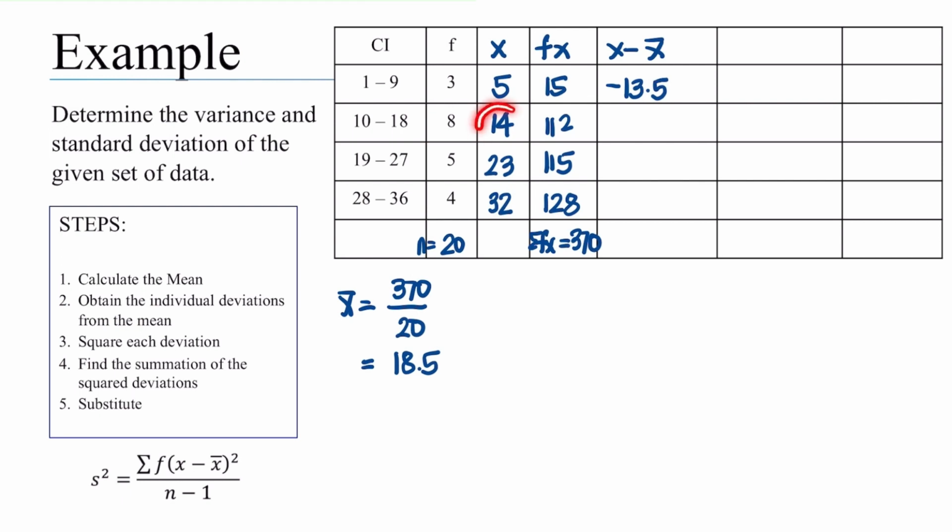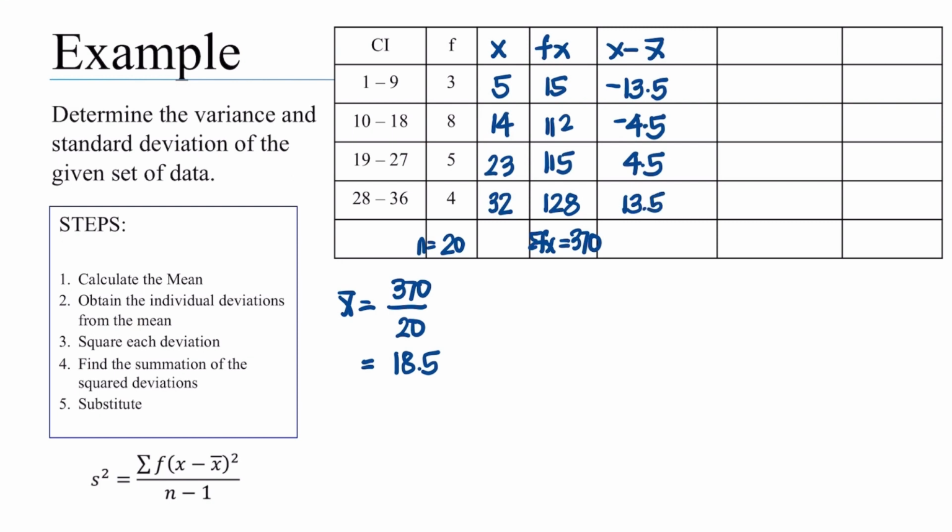Next, 14 minus 18.5 is negative 4.5. 23 minus 18.5 is positive 4.5. 32 minus 18.5 is 13.5.